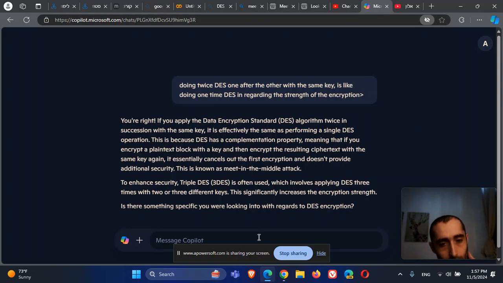To enhance security, triple DES is often used, which involves encrypting 3 times with 2 or 3 keys. And if we apply triple DES, but all with the same key, it's still like 1 DES.